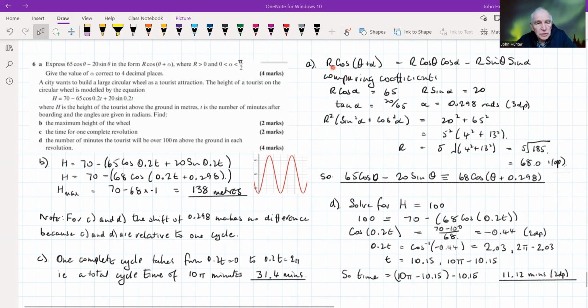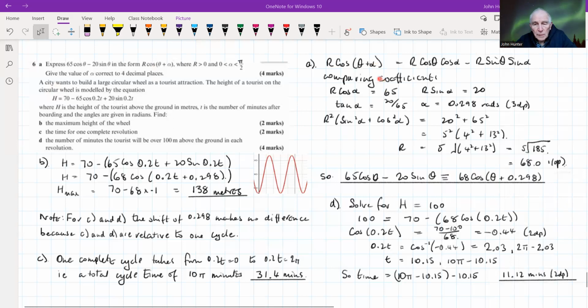Right, so first thing to recognize is our cosine two-angle expansion. If we expand that out, we're going to get r cos theta cos alpha minus r sine theta sine alpha. Well, r and alpha are basically constants in all this.